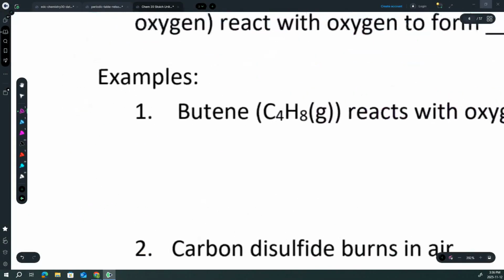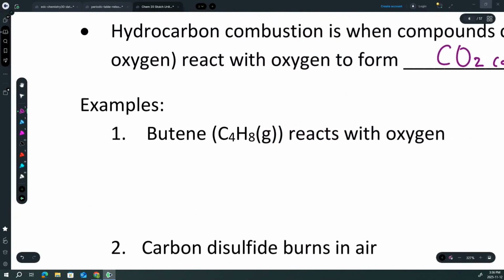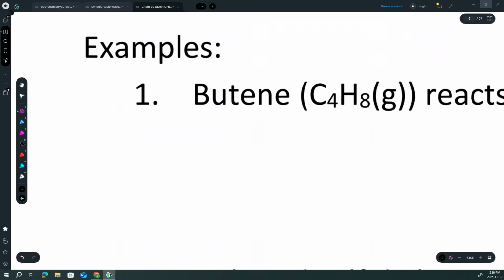First example, this is going to be a hydrocarbon combustion. How do you know that? Because the compound contains carbon and hydrogen. We have butene reacts with oxygen, so some sort of fuel reacting with oxygen, that's your clue that this is a combustion reaction.